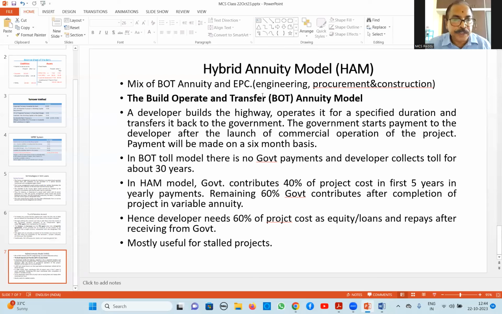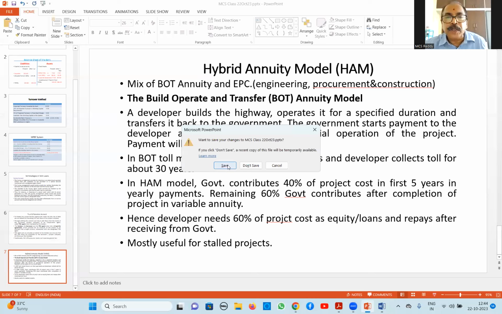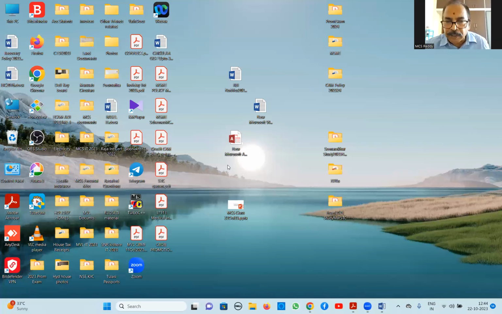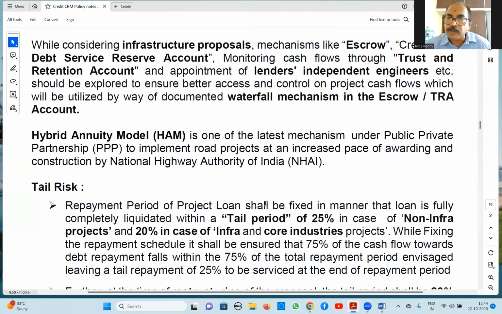Subsequently, through annuities, the party will pay us. Mostly these types of projects are useful in the case of stalled projects or where projects do not have that much demand. Toll collection is not much, so such types of roads will be given under the hybrid annuity model, right?